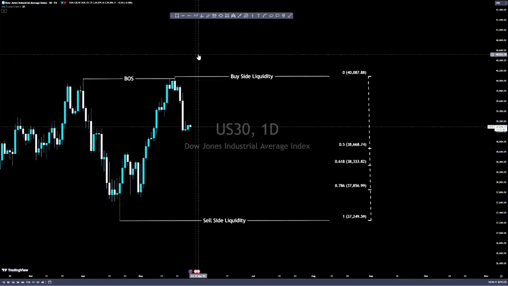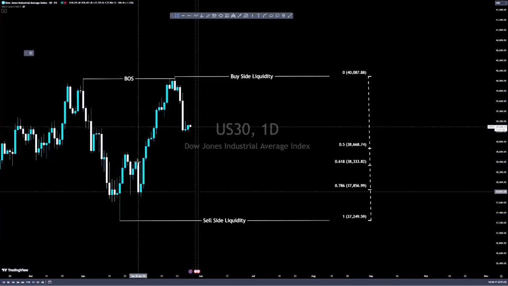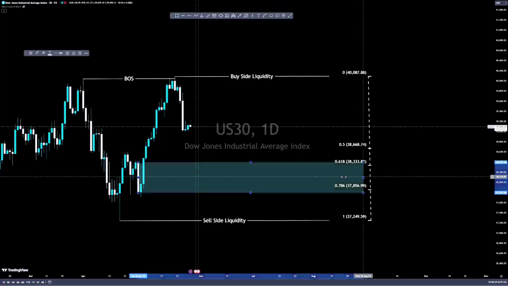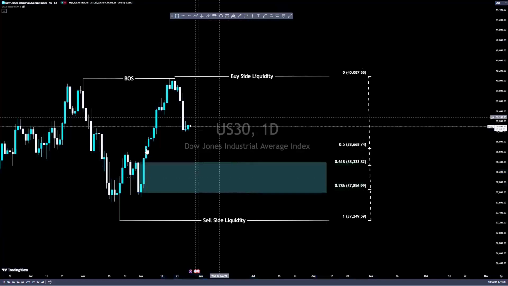So where will our order block be? Our order block at this point will be this last selling candle, all of this candle. This is where our order block will be. And the other thing that's making it an order block is this fair value gap here.